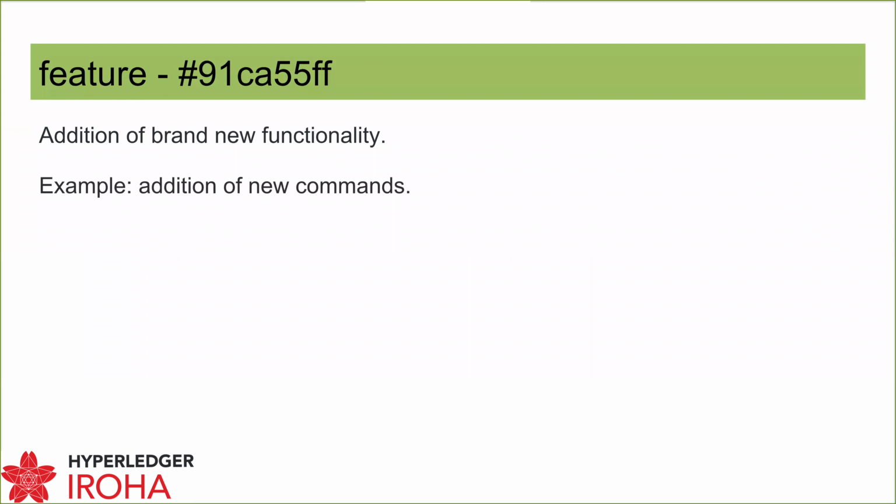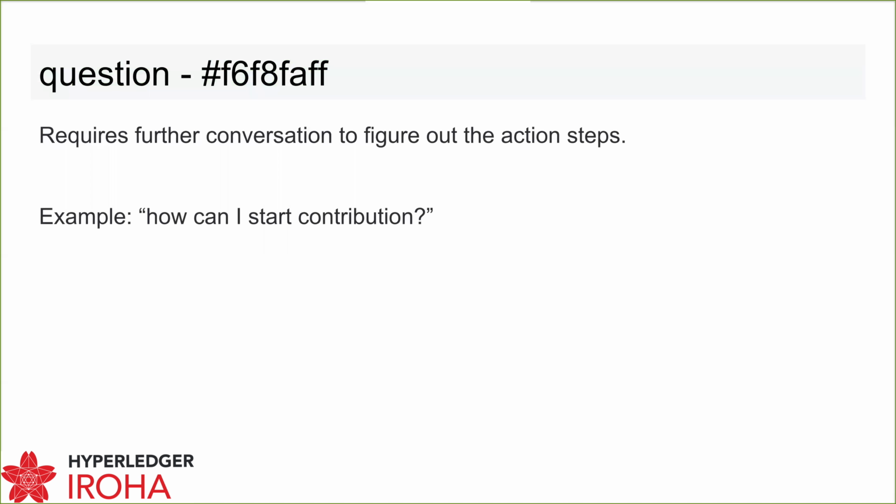Features are brand new functionality, for example the addition of new commands. Question is something like, maybe newcomers want to ask something, but they don't have the link to the chat.